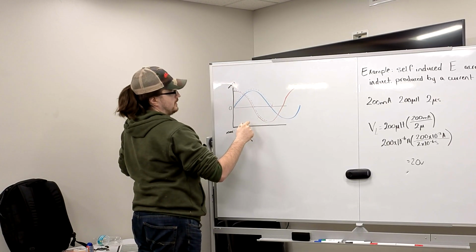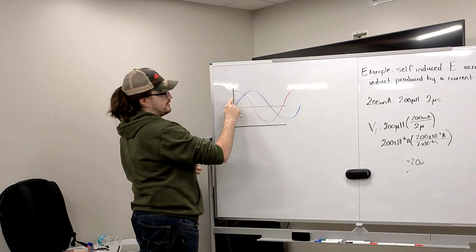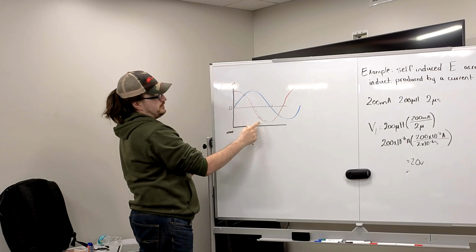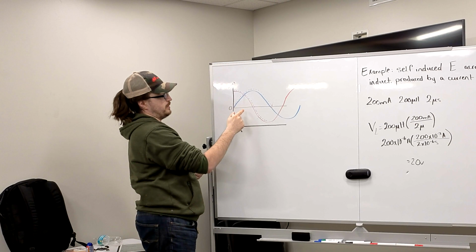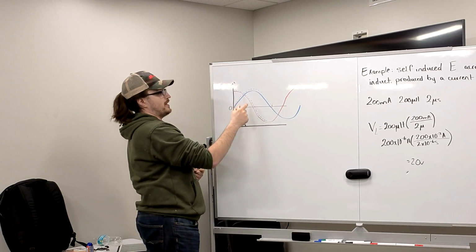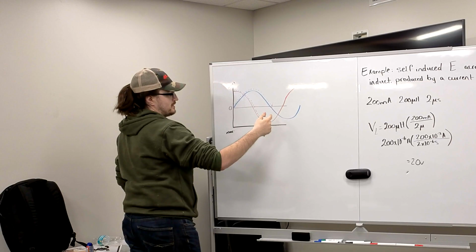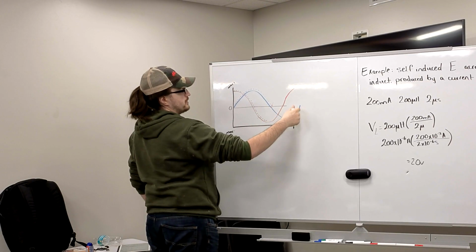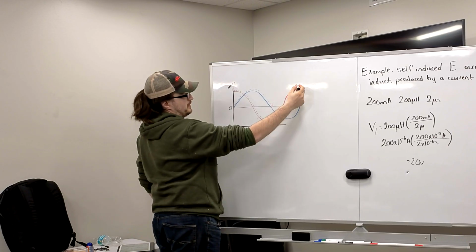So the reason amperage is positive here is because this entire voltage line from here to here is a negative change. So even this part where it's in the positive is still a negative change because it's going from the max to 0, and then from 0 to -0. And on the other side, now the amperage flips because now this is a positive change from here to here, here to here.